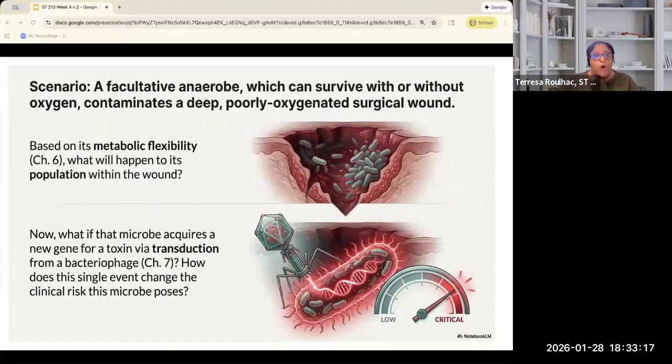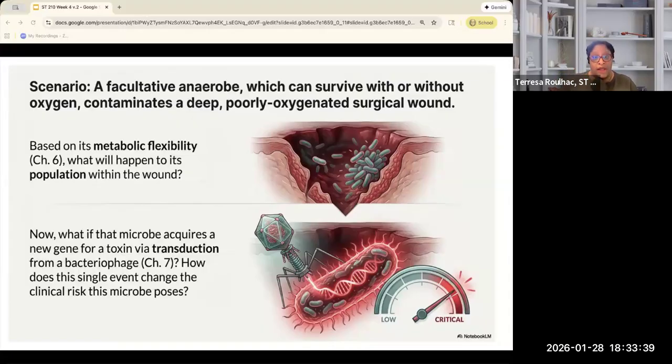In a deep, poorly oxygenated wound, a facultative anaerobe does not just survive, it often thrives, which is really bad for our patients. This is metabolic flexibility in action in real time. But we're going to add one more variable.